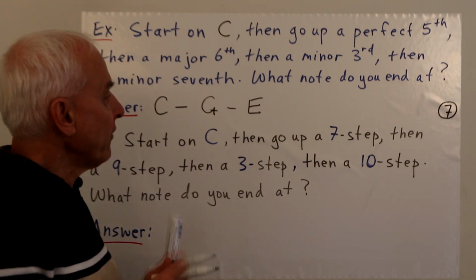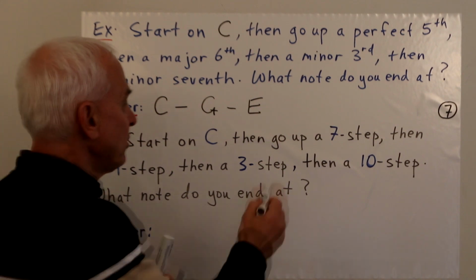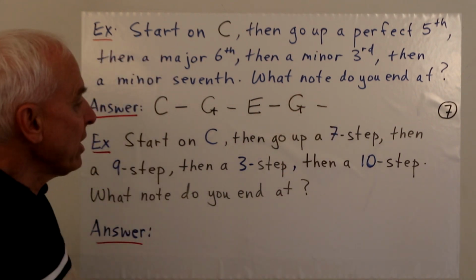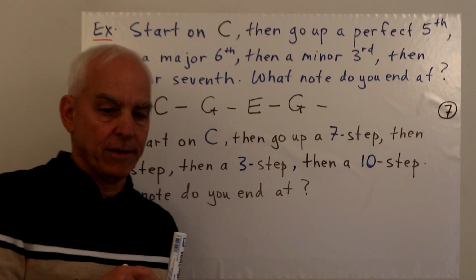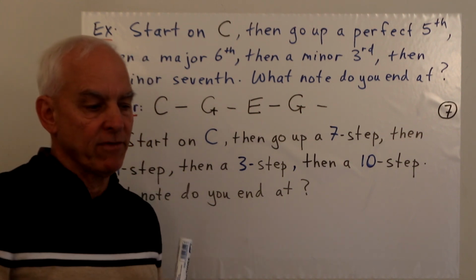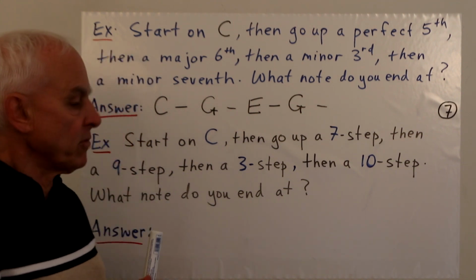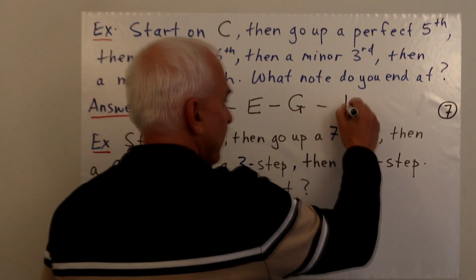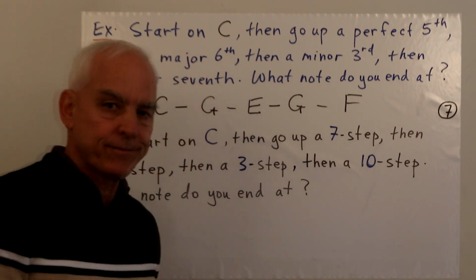What's that? From E, a minor third would be to G. And then we go up a minor seventh from G. So a minor seventh from G is F. Okay, so we end up on an F.